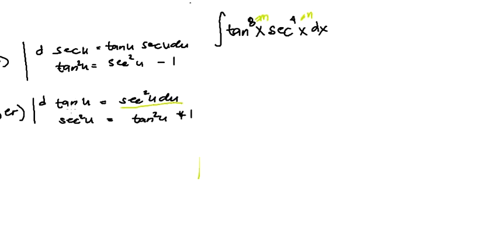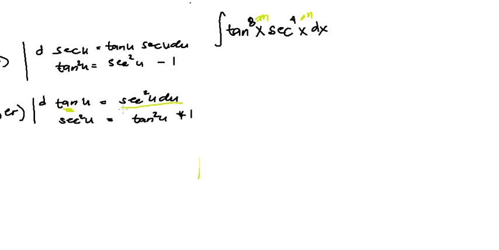Once again, if we review our calculus 1 or differentiation, the derivative of tangent u is secant squared u.